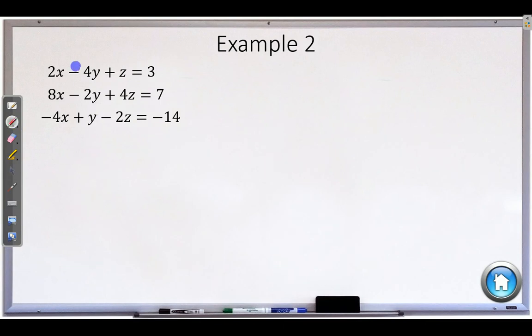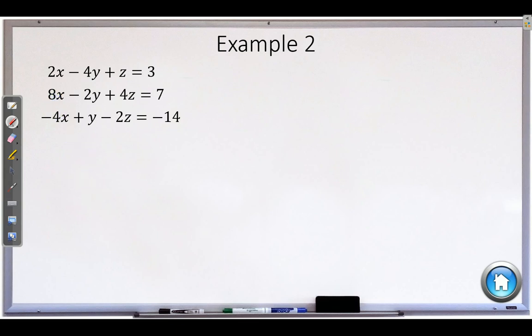We're going to take a look at our numbers and think which ones can we eliminate the easiest. And so I think I might choose to eliminate the x's because I can take this 2 and turn it into a 4 pretty easily and then make those 2 eliminate. And I can make this 4 into an 8 pretty easily and make those 2 eliminate.